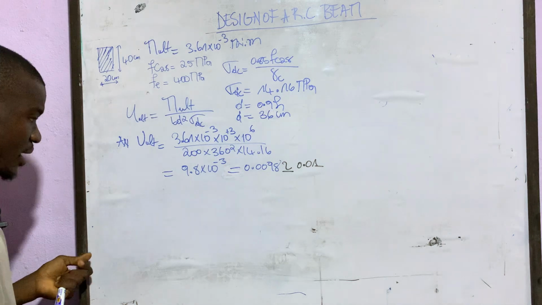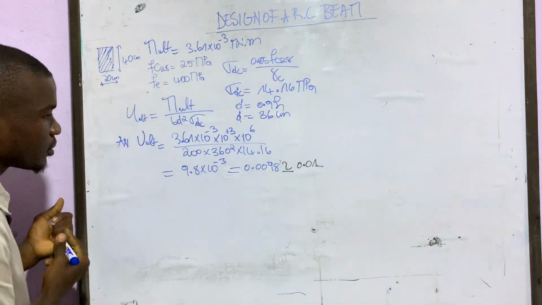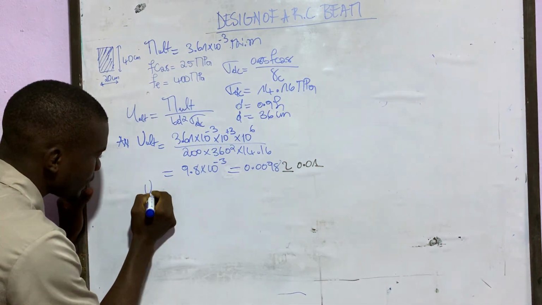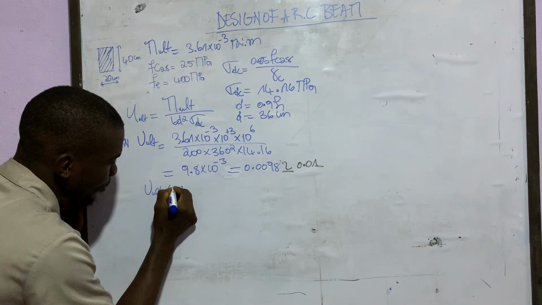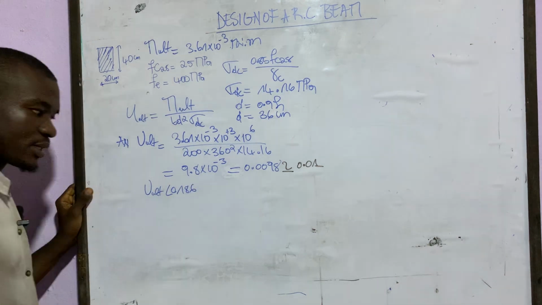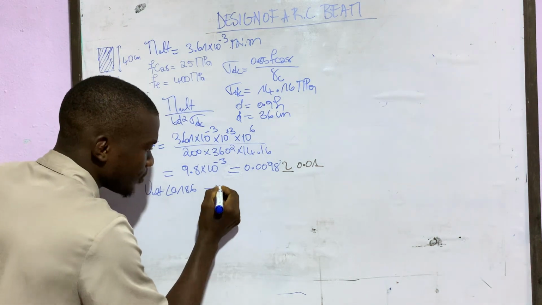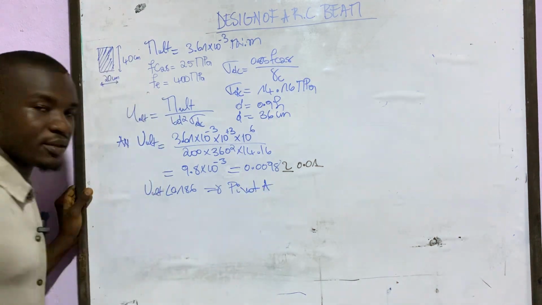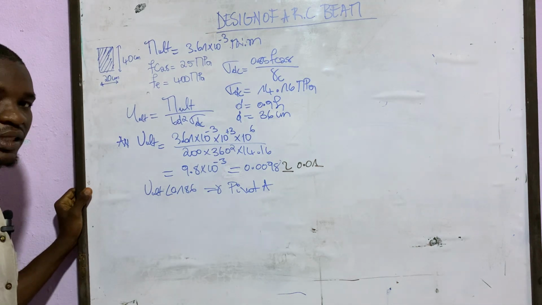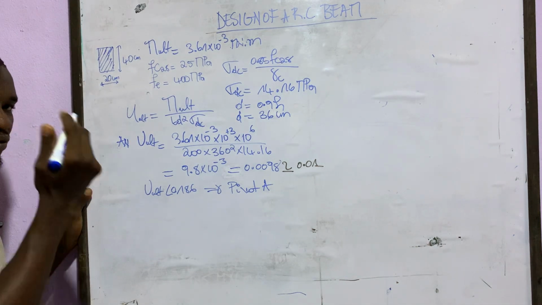From here, when you compare mu ultimate, we realize that mu ultimate is less than 0.186, which implies that we are in pivot A. For those who are new on this video, you can go back to the previous video.